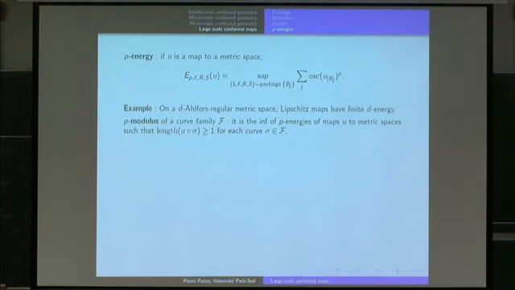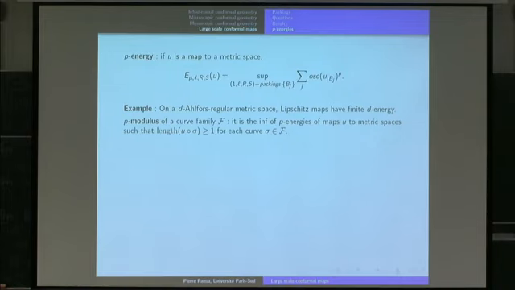So the modulus of a curve family: you consider all maps to a metric space and consider the images of your curves, and you want to minimize the energies of such maps, and you use these curves to normalize. Of course, the infimum of energies will be 0 if you take the constant map. But if you require that each curve in the family is mapped to a curve of length at least 1, then you cannot minimize. The infimum need not be 0. This is, by definition, the p-modulus of a curve family.